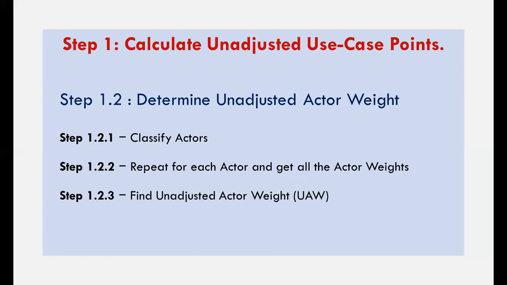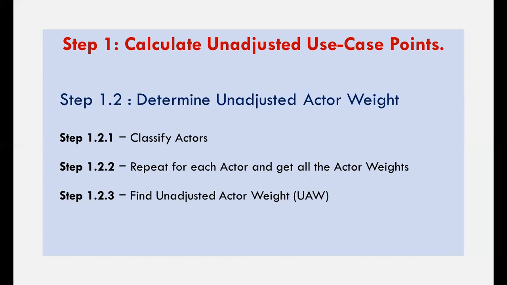And for complex, the actor weight is 3, and 3 into NCA gives the product. So the unadjusted actor weight we calculate by 1 into NSA plus 2 into NAA plus 3 into NCA, where NSA is the number of simple actors, NAA is the number of average actors, and NCA is the number of complex actors.